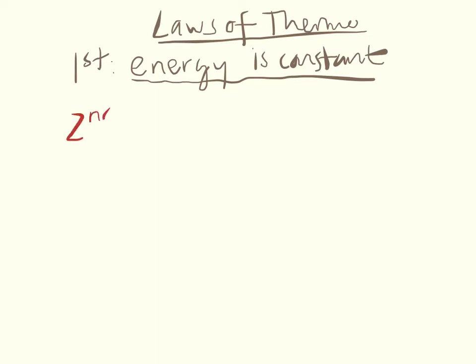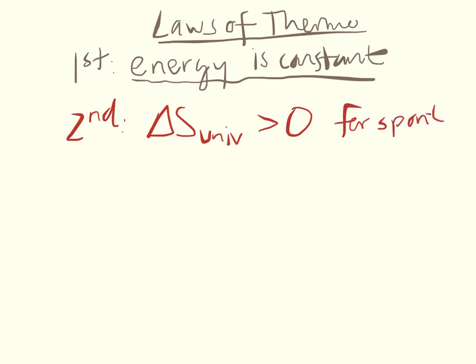The second law of thermodynamics refers to entropy, and the idea that entropy of the universe is always increasing. It's always greater than zero for a spontaneous process. So the power in this idea, this second law of thermodynamics, is that therefore reactions can only be spontaneous in one direction.